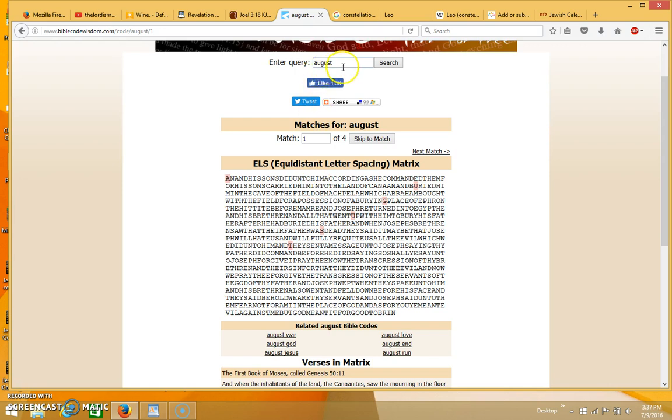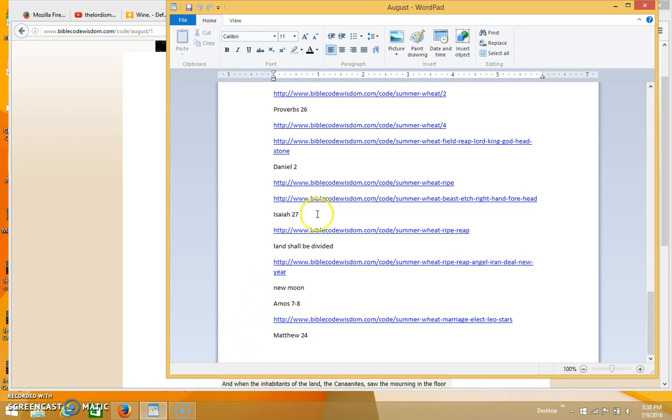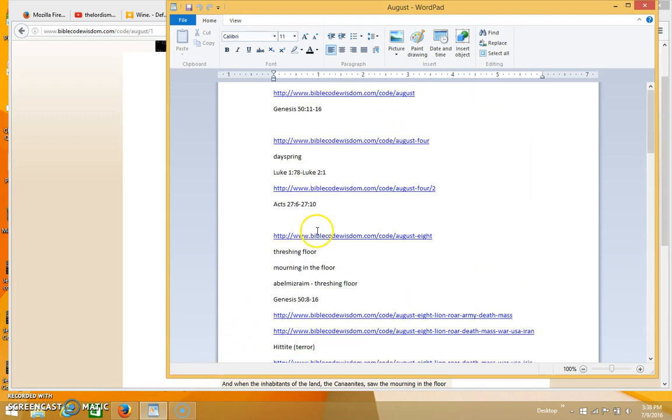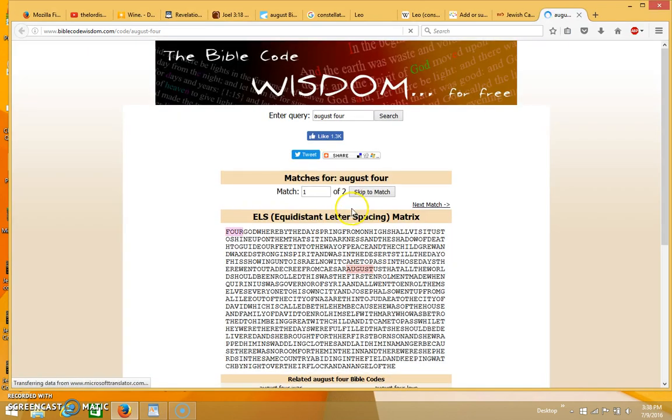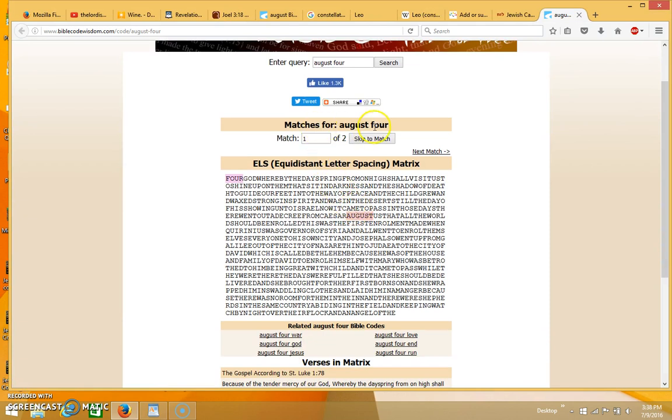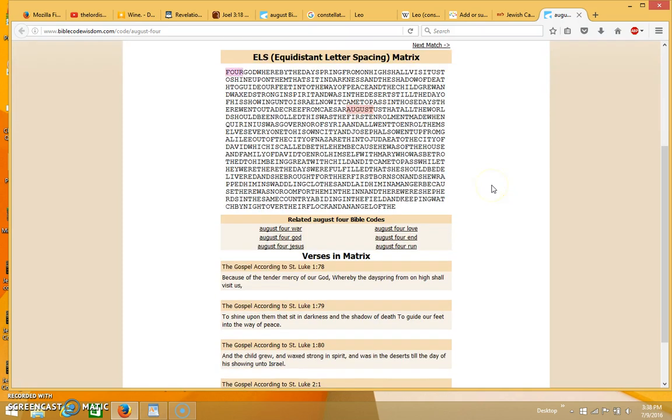So the first thing I thought I would try is August 4th, which didn't come up, but August 4 did come up. What's interesting about August 4 is that it happens to be Obama's birthday, and the very first verse that comes up here is in Luke 1:78.